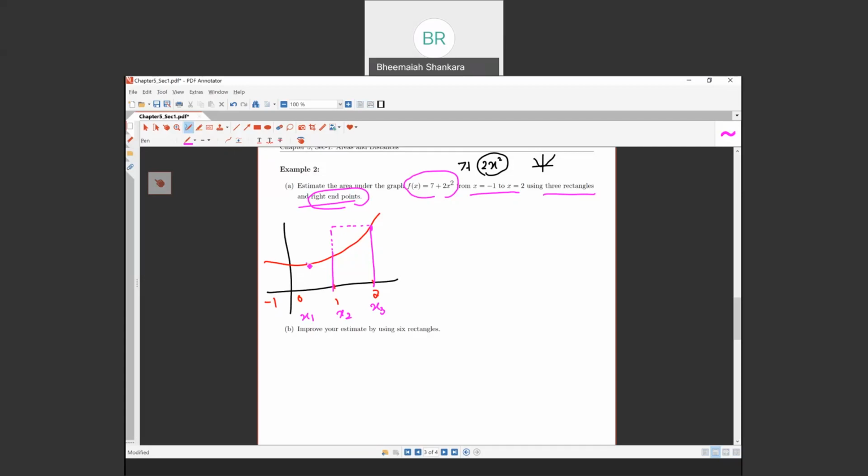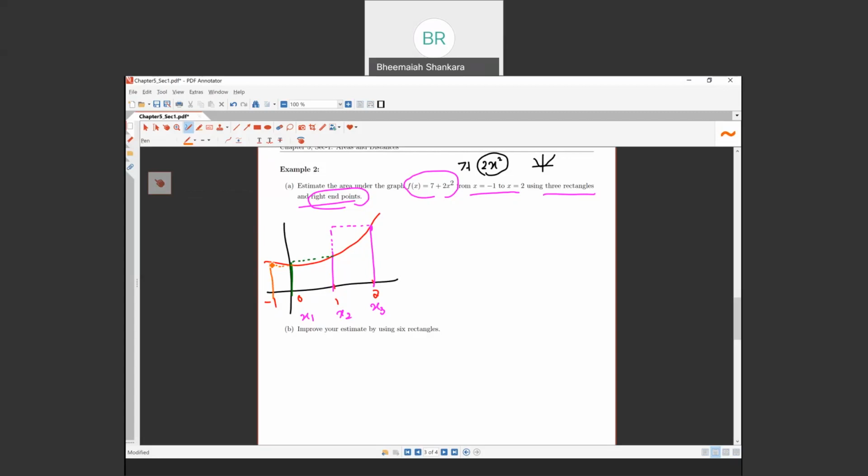Similarly, from this point here, let me use a different color. You draw a horizontal line, and then the vertical line is already there for you here. So again, you are overestimating when you draw one full rectangle. Whereas for this curve on the left, when you try to draw a line and then make it a rectangle, you see that you are underestimating.